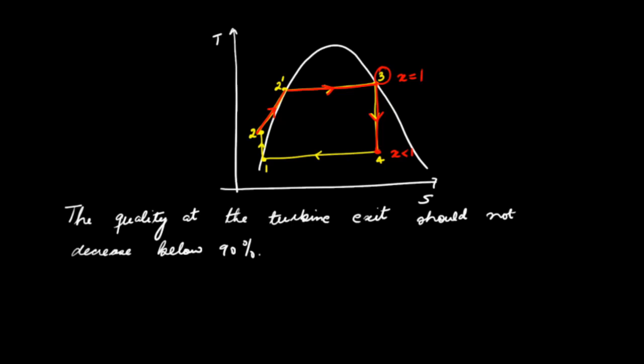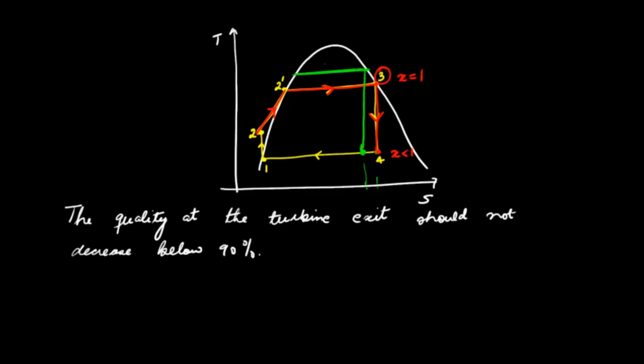If we look at this basic Rankine cycle and we try to have heat addition at a higher temperature and higher pressure, such as shown in this green color, then if we expand the steam, at the exit the quality would be lower compared with the case where the heat is being added at a lower pressure.